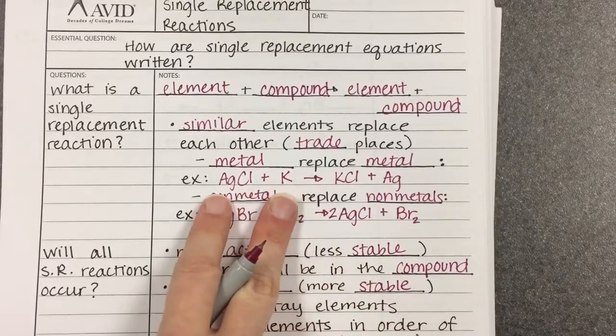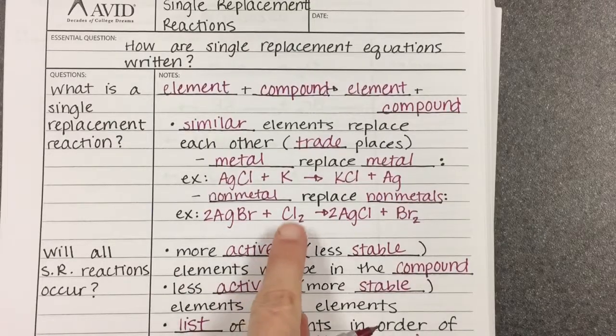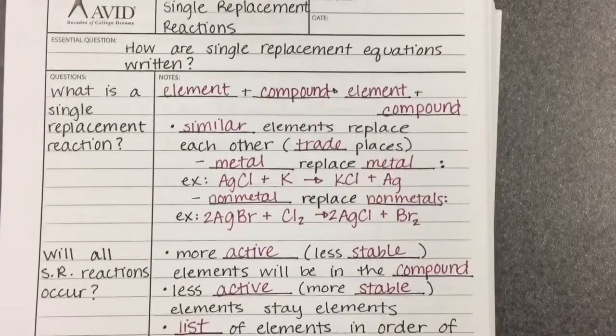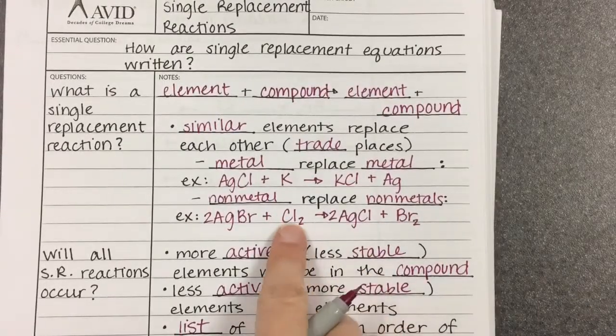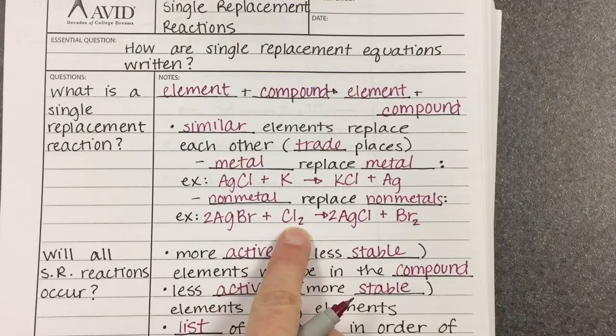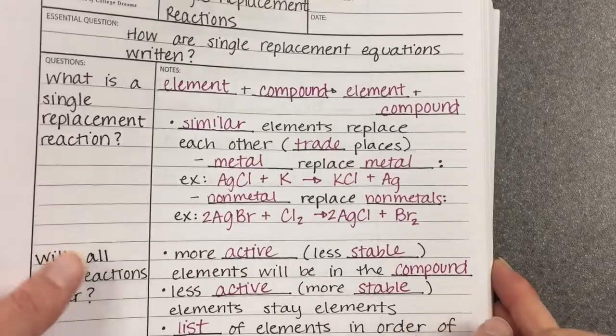Look at both of those things on your activity series. Similarly, if you notice that the element is a nonmetal, then go ahead and compare that to the nonmetal in the compound. Okay, so look at the element and compare it to the similar element in the compound.